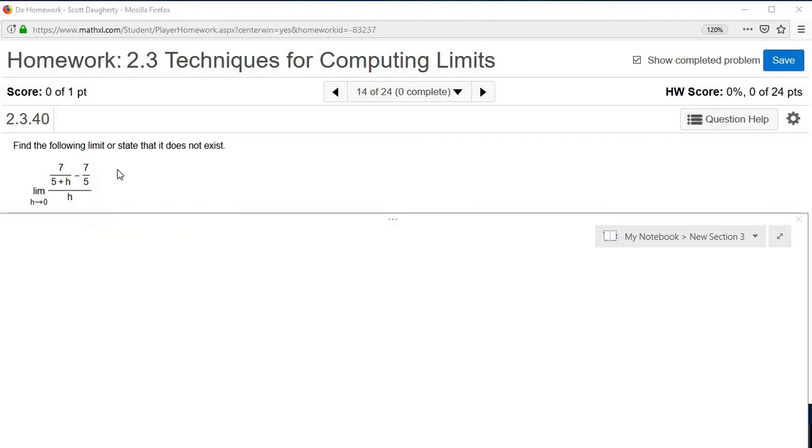Okay, so we're left with a situation where, as h is heading towards 0, we're getting something on the top that's getting closer to 0, divided by something that's getting closer to 0 on the bottom. That's called an indeterminate form.